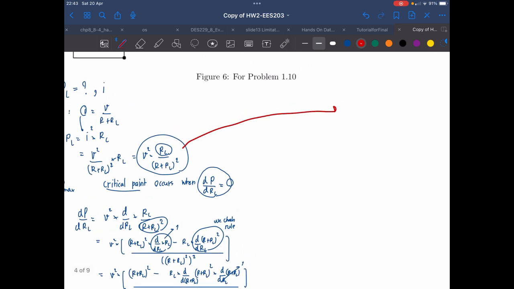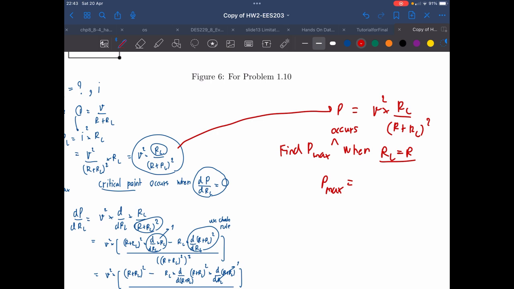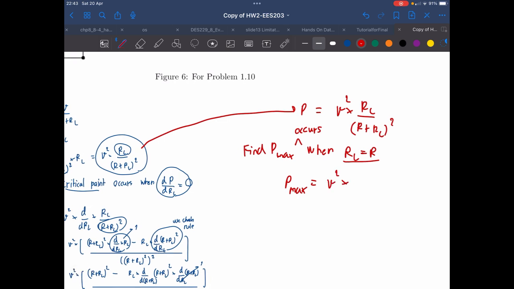If you remember, it equals V squared times RL divided by R plus RL, and we want to find P max when RL equals R occurs. Let's use this condition. Then we get P max equals V squared times RL divided by R.